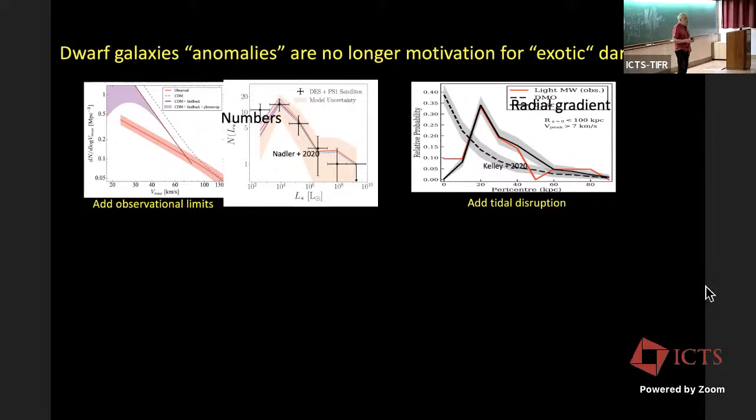That came from the early simulations. But now that we do more careful simulations, we put in the disk of the Milky Way, we let these dwarf galaxies run through the disk on their orbits, they get tired and disrupted. And so you end up now changing completely the early predictions of a gradient to the numbers of dwarf galaxies. And you can see we now match the observations.